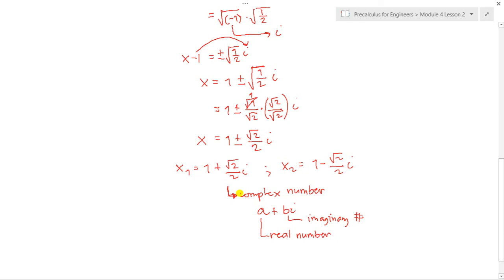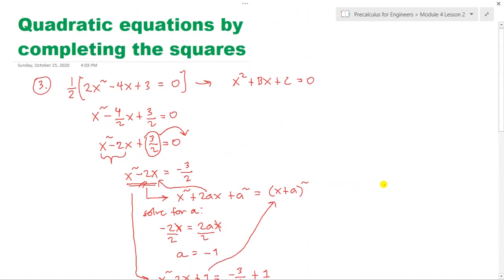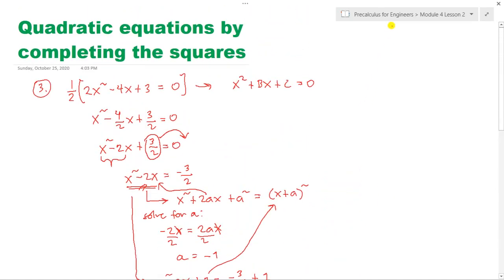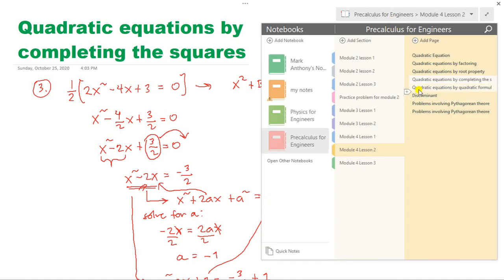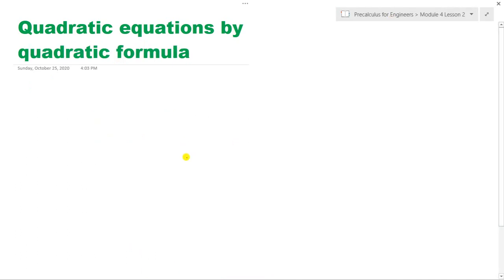Now if you want to verify this, you can plug this back into our original quadratic equation. So assignment nyo na lang class, i-verify nyo. Since we are already through with completing the squares, let's jump to the next method.